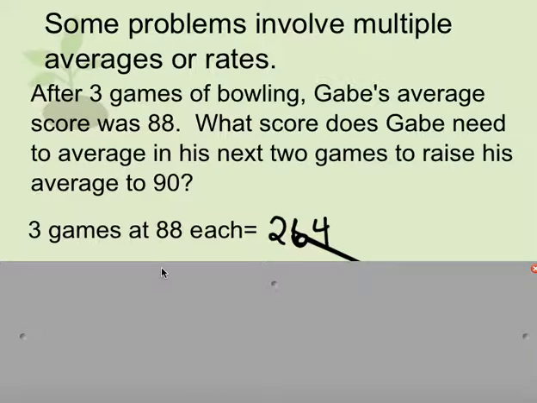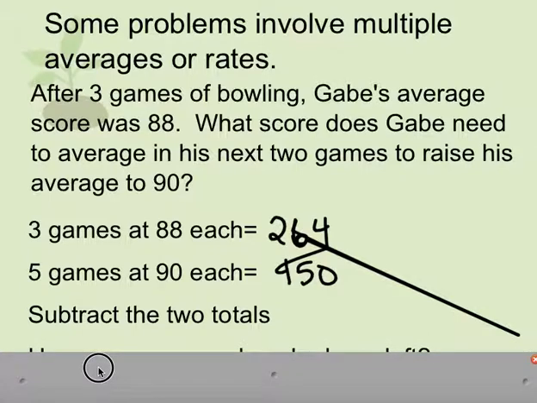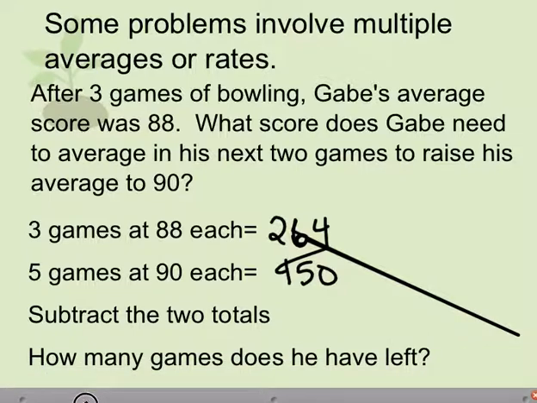And then we need to figure out, well, if he were to get 90 in those 5 games, how many points would he need total? Well, he would need, of course, 450 points total in those 5 games if he wanted a 90 average.